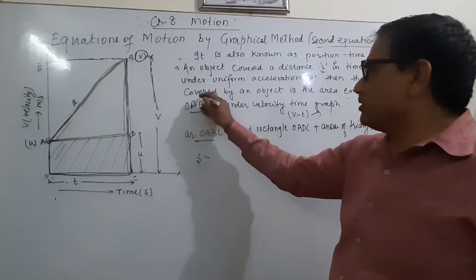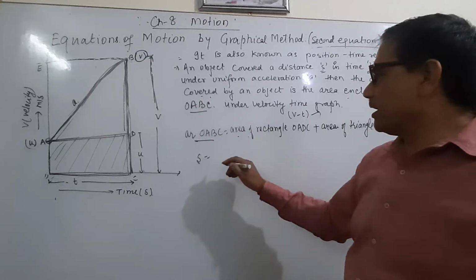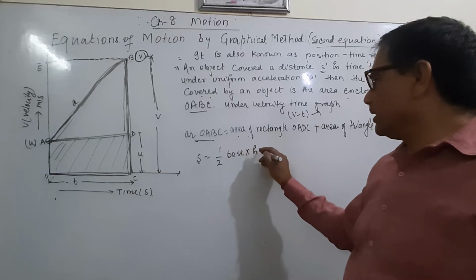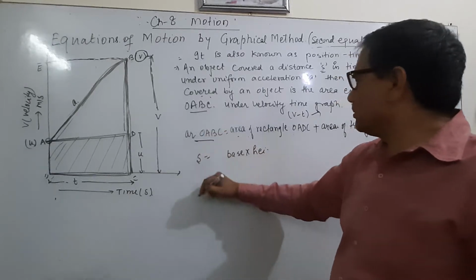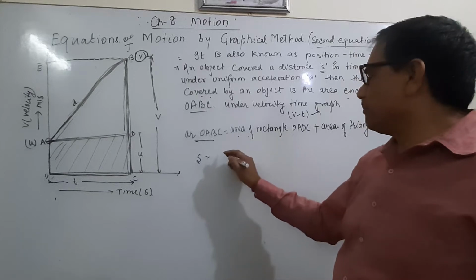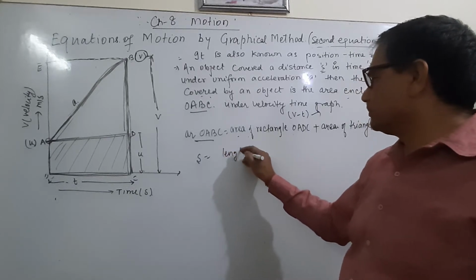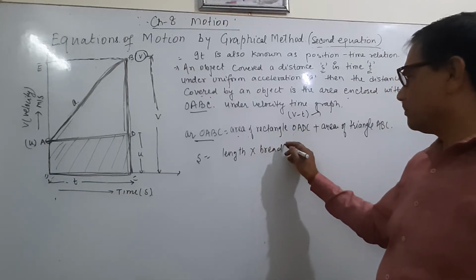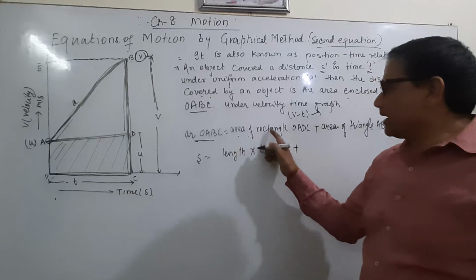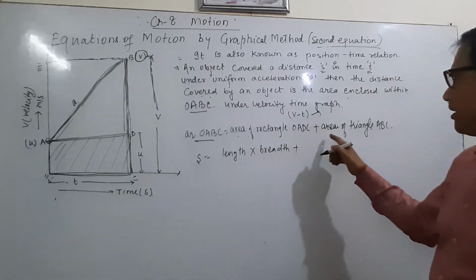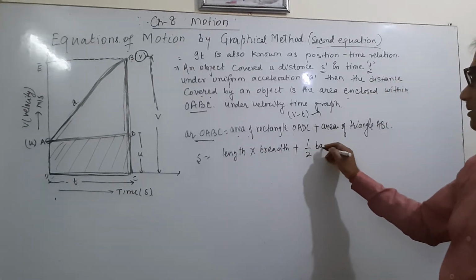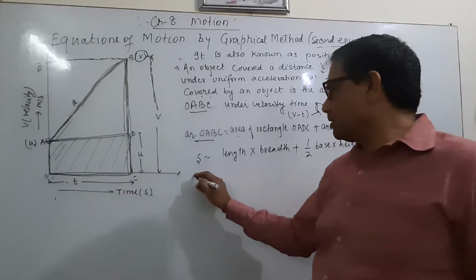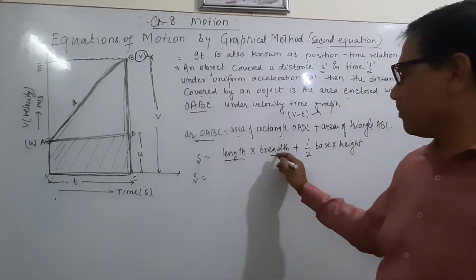We know it very well. This is S, equal to area of rectangle plus area of triangle. Area of rectangle is length multiplied by breadth. Area of triangle is half base into height. What is length?